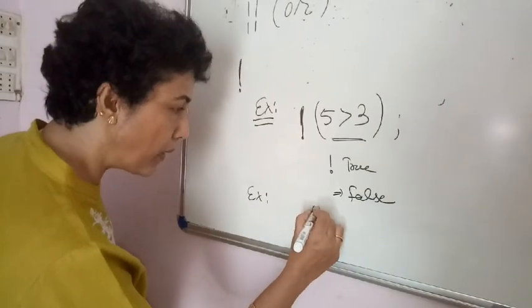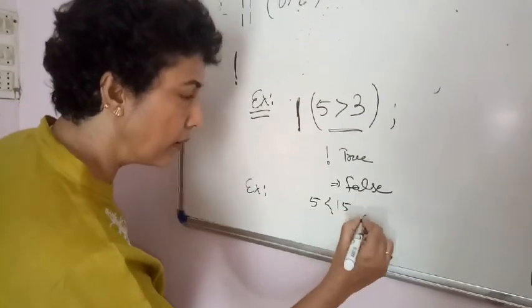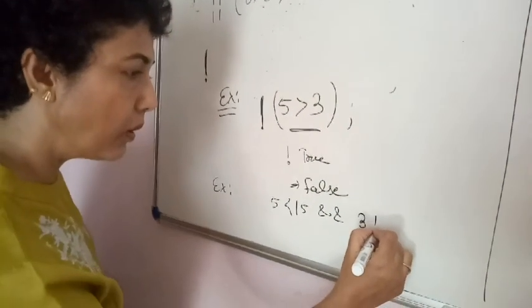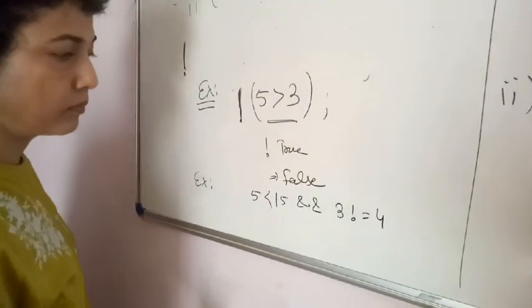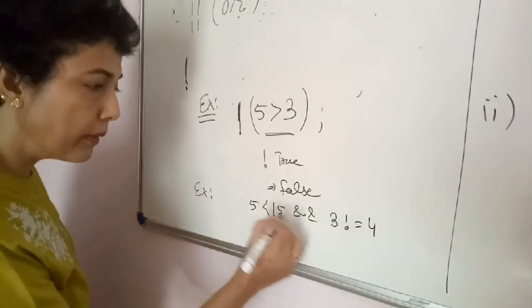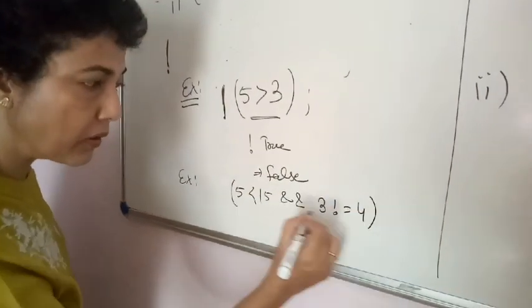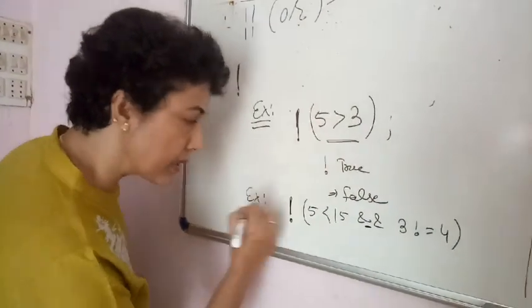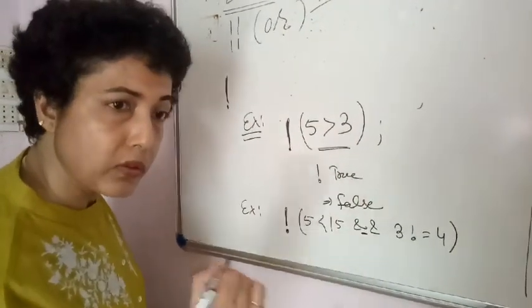Suppose say 5 less than 15 and 3 not equal to 4. This is a logical expression because the AND operator is there. Suppose I am applying NOT to this. How do I solve this?